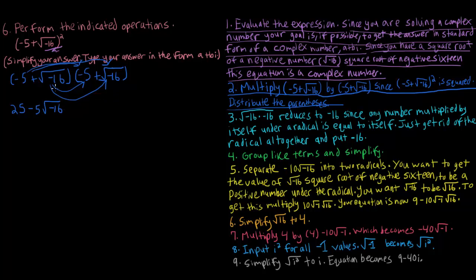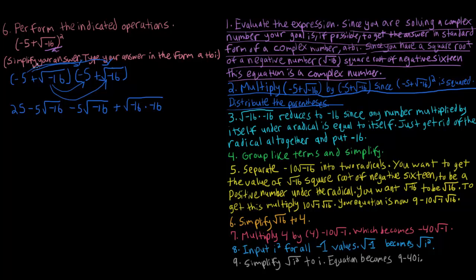And then to distribute the second part, the square root of negative 16 times negative 5 is negative 5 square root of negative 16, and then the square root of negative 16 times the square root of negative 16, we can write this as plus square root of negative 16 times negative 16, because it's just the same number by itself.